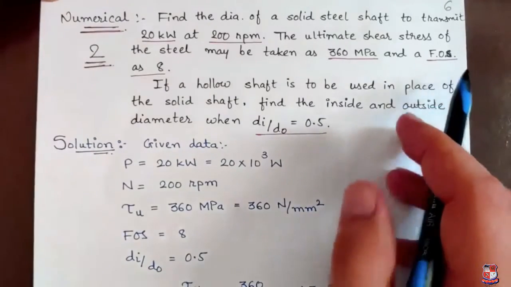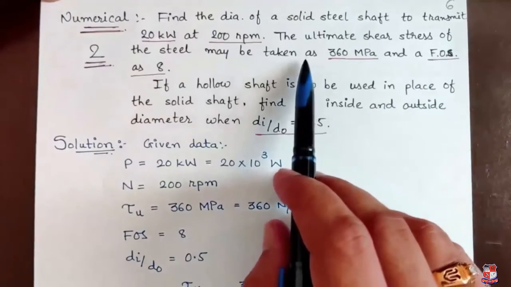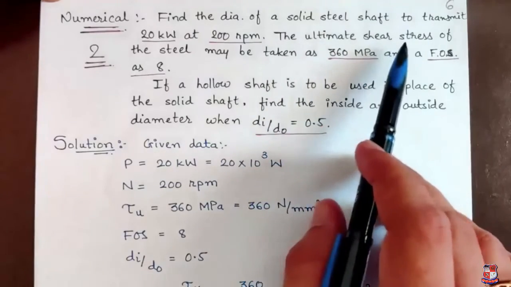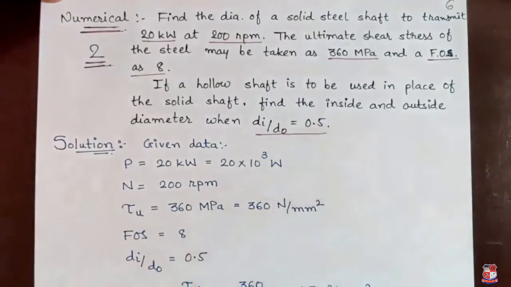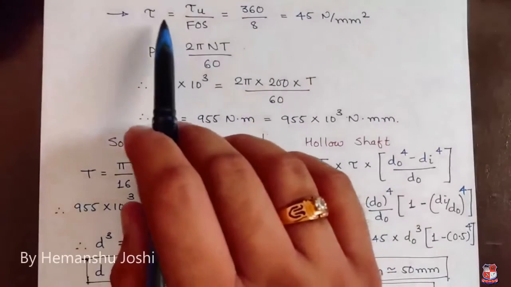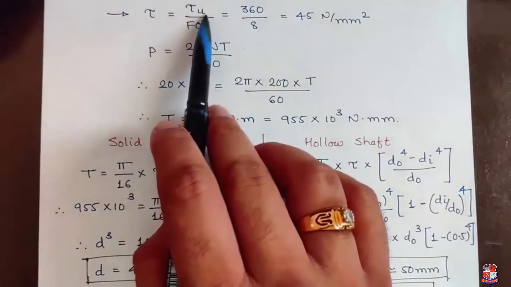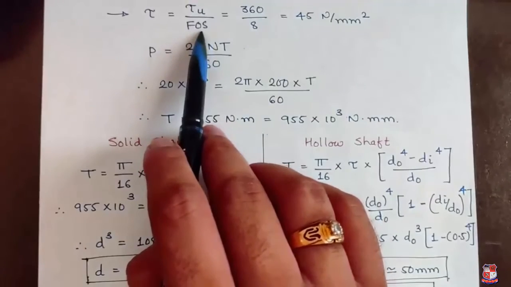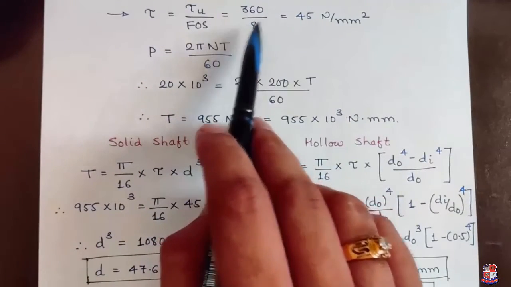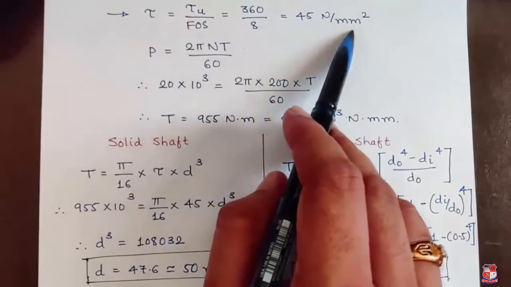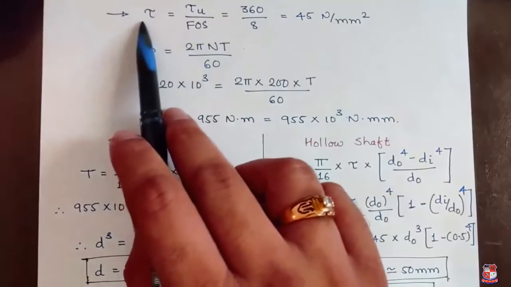First we have to find the design stress or permissible stress from this ultimate stress with the use of factor of safety. So we divide ultimate shear stress by factor of safety, 360/8, and we get 45 Newton per mm² as our permissible shear stress.